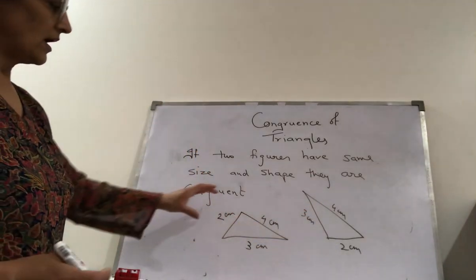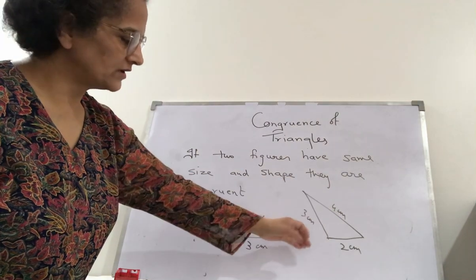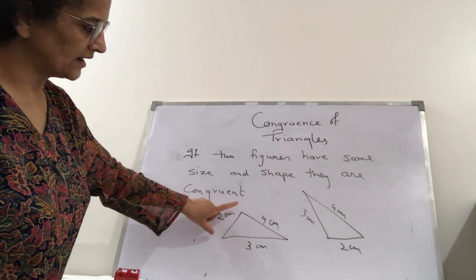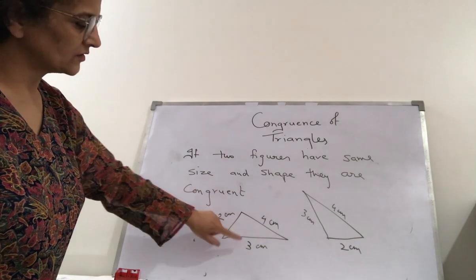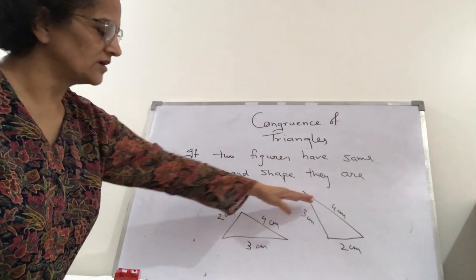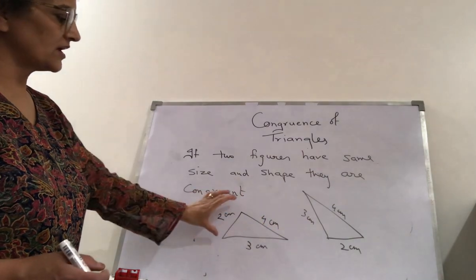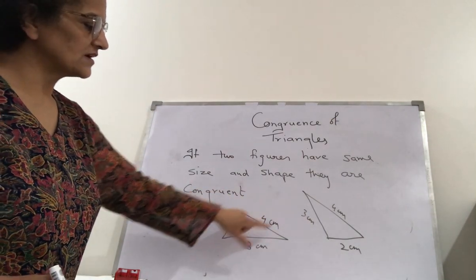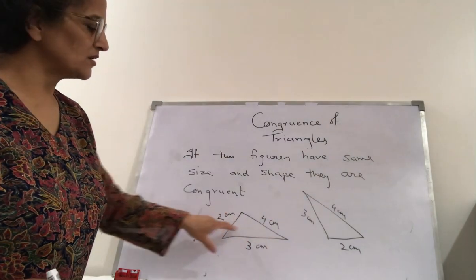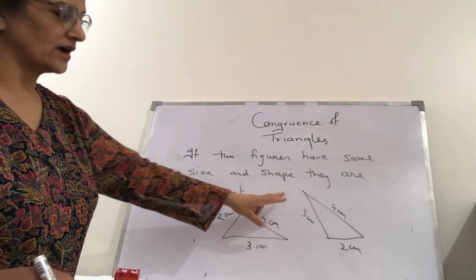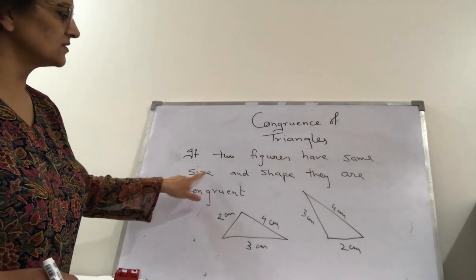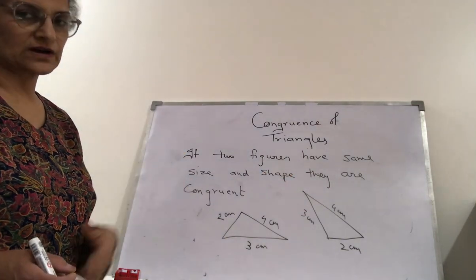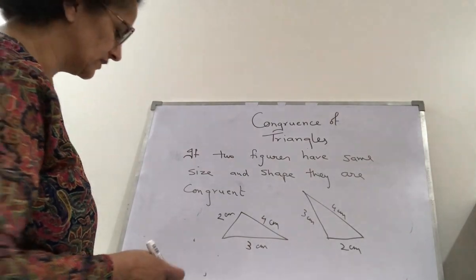Now I can lift it up and I can place it in such a way that I'll get 2 centimeter, 3 centimeter here and 4 centimeter on this side. So they have same size, the measurements are same, and they have same shape. I have drawn the triangles. So if the size and shape are same, two figures are called congruent figures.